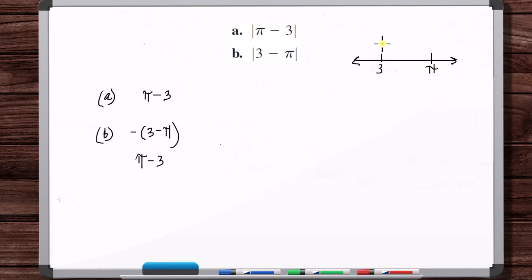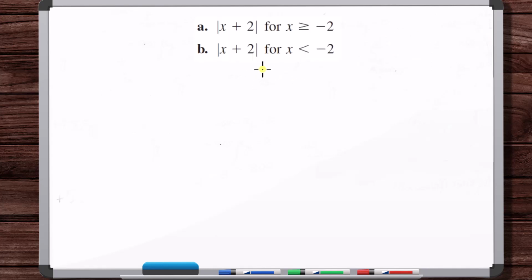How do you find the distance between 2 points on the number line? Just strictly the distance. You take the absolute value of either 3 minus pi or pi minus 3, and that's going to be this distance. It makes sense that we get the exact same number in both cases, because both of these represent just the pure magnitude distance between 3 and pi on the number line.